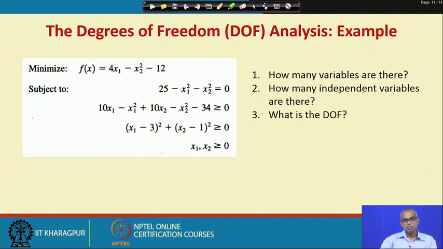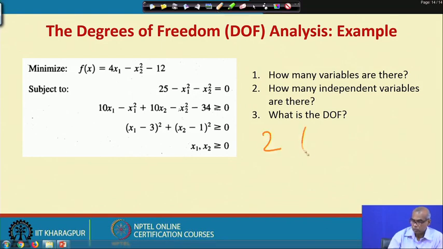Let us look at this equation quickly. You have an objective function which needs to be minimized. The objective function has two variables. There is one equality constraint, two inequality constraints, and non-negativity constraints x1 and x2 greater than or equal to 0. So, how many variables are there?